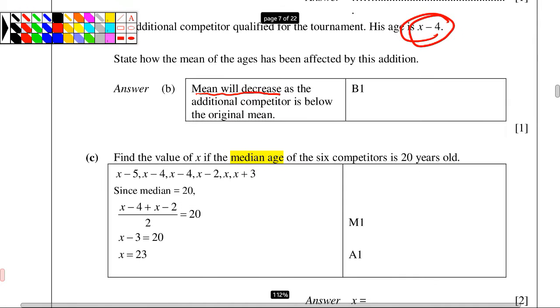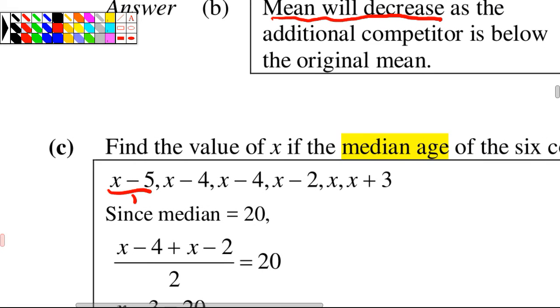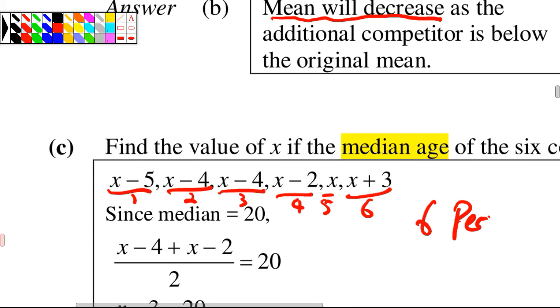Median, what do I do? First, I arrange them in order. So this is 1 person, 2 person, 3 person, 4 person, 5 person, 6 person. I got 6 people here. How do I find median?